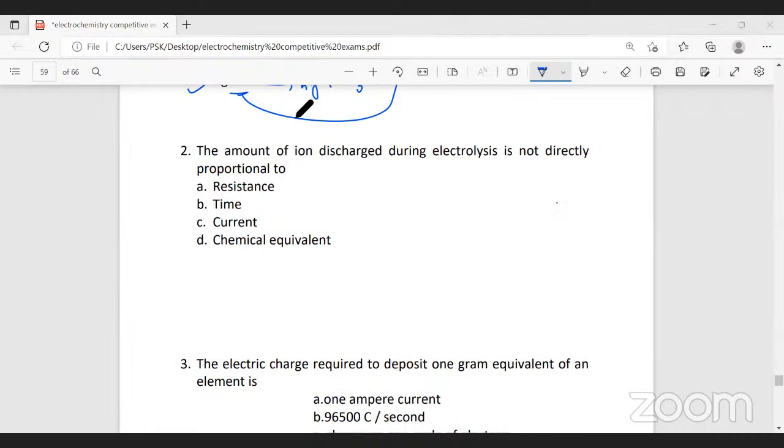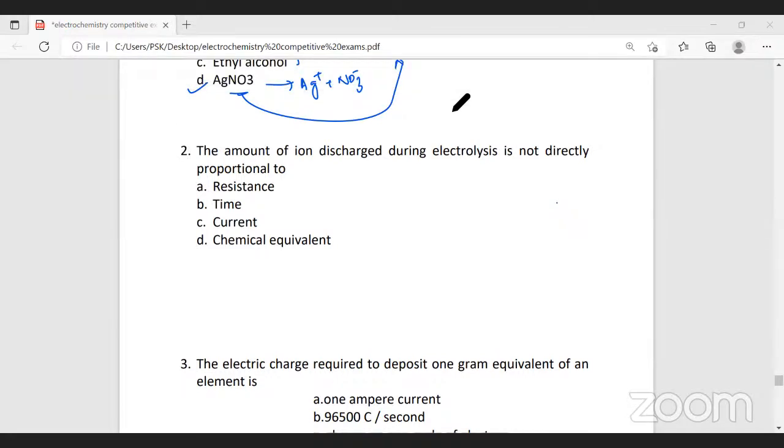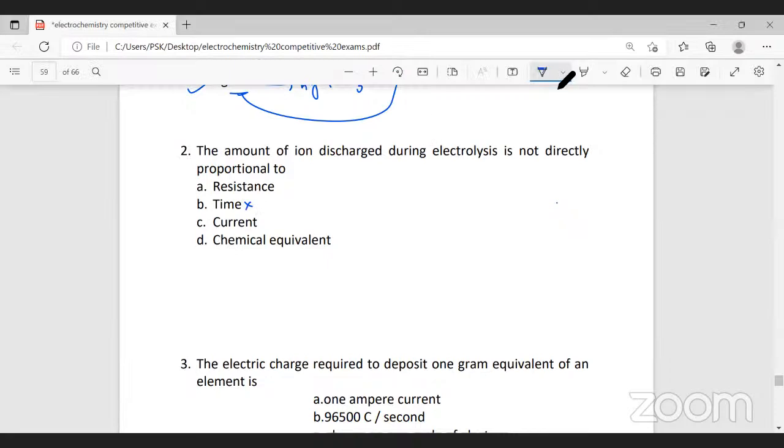The amount of ion discharged during electrolysis is not directly proportional to resistance, time, current, electrochemical equivalent. Ajay, Dhanlakshmi, Ritika. Sir, time, sir. Very good. It's a wrong answer. Dhanlakshmi, the chemical equivalent. Wrong answer. This is based on Faraday's first law. W is equal to Z into I into T.